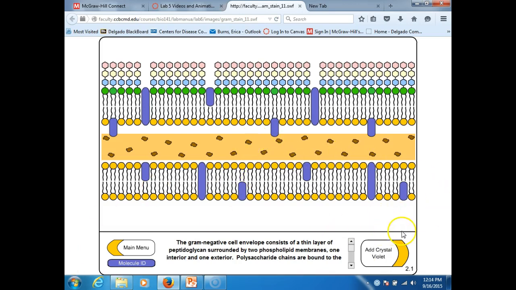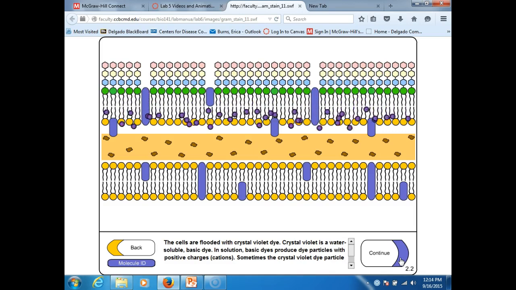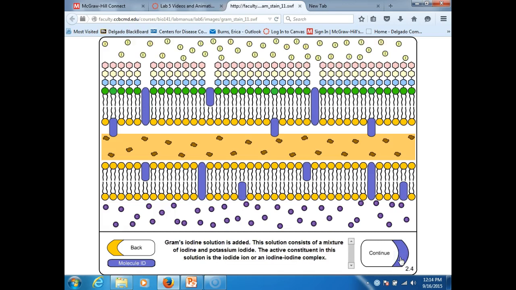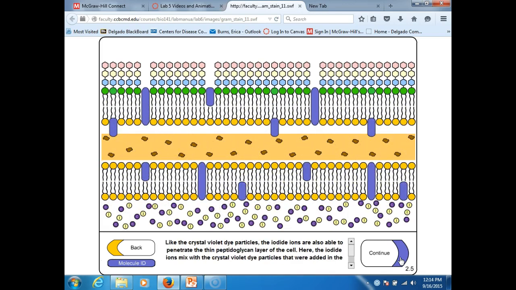So same steps, right? Crystal violet goes into the cell because it's attracted to those components. So the cells are going to be purple at this step. We're going to add the iodine. It will go in. It'll complex with the crystal violet, make it a larger molecule. Except this is the different step here, right?